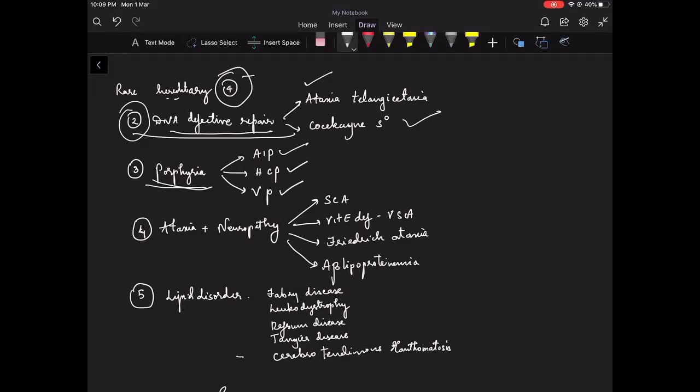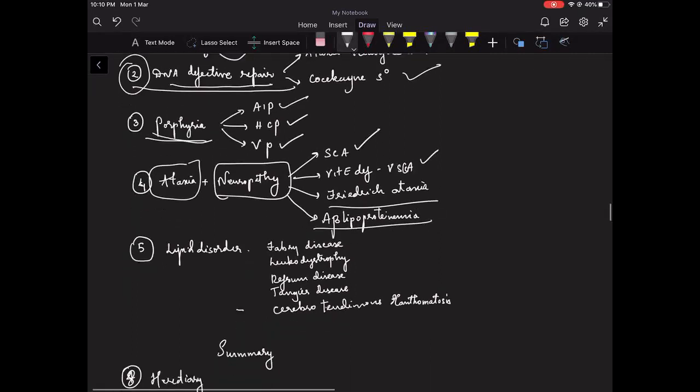If the patient has neuropathy along with ataxia, with a hereditary presentation, early age of onset, usually less than the 2nd decade, with positive family history, then you'll think of what we discussed last class: spinocerebellar ataxia, the vitamin E deficiency variant of spinocerebellar ataxia, Friedreich's ataxia, and abetalipoproteinemia. All these come under that.